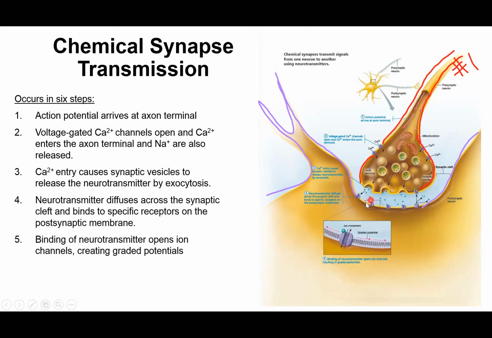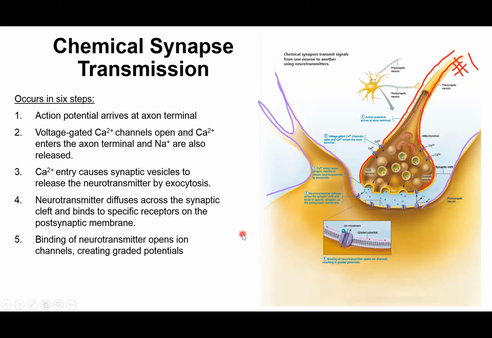So if we take a look at one of these channels here, and we just zoom in on it, the next thing that's going to happen is the binding of the neurotransmitter is going to open this ion channel, and that's going to create a graded potential.